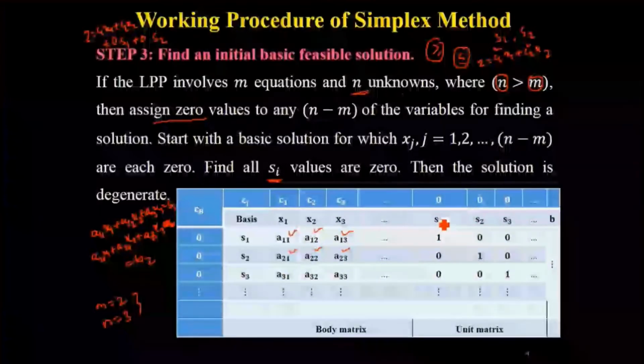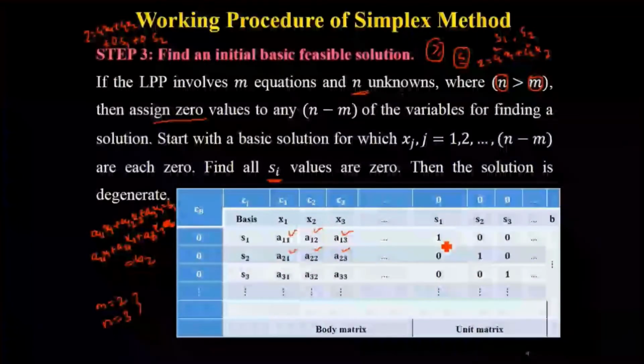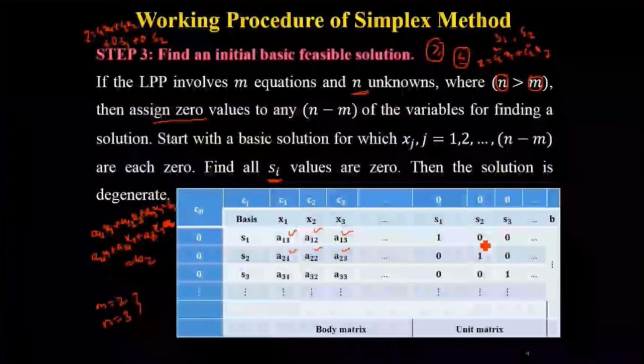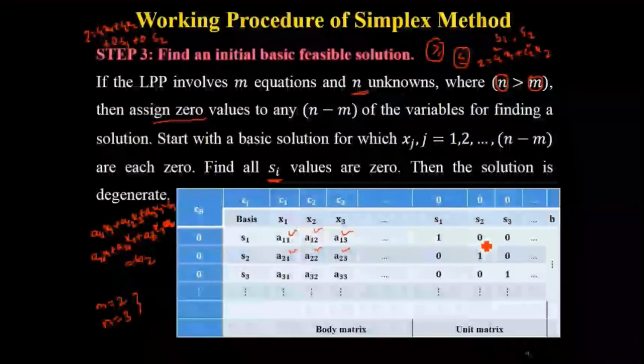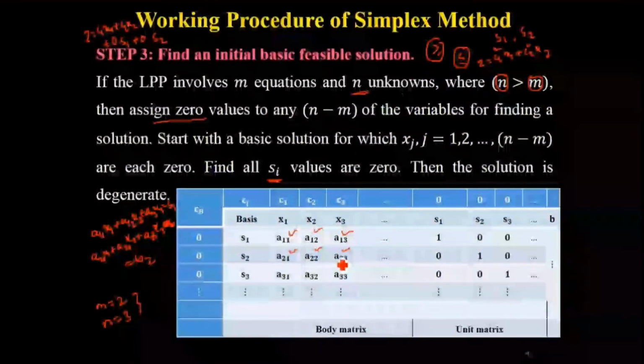Understand? Now the slack variable: for the first equation, if we have a slack or surplus variable, then s1 we write as 1, then s2 will be 0 because there will be no contribution of s2 for equation 1, then s3, similarly for the second equation, third equation, in that way you have to fill.